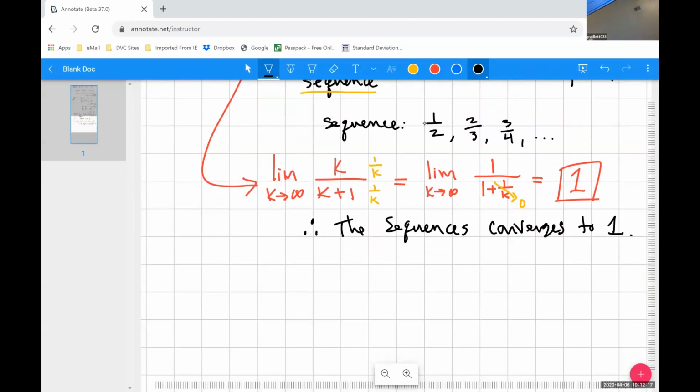Questions, comments, discussions about that? So then part B, since this was part A, asks if the series converges, and if so, why or why not?